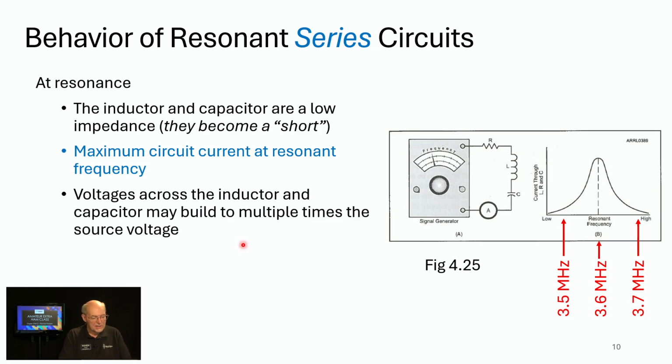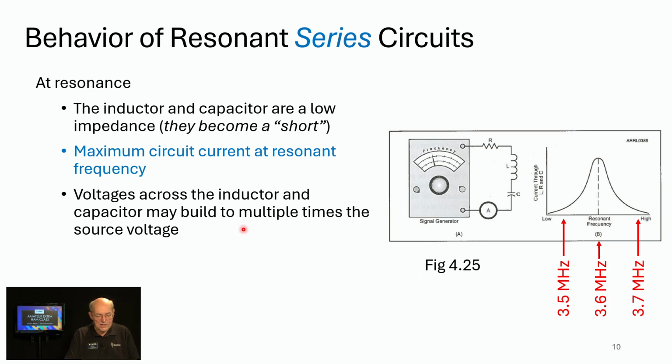Here's another amazing thing. Again, we're talking about series circuits. The voltage across the inductor and capacitor, because they're sharing their energy, storing energy and then giving it back continuously, they're trading it between one another. It's like gentle pushes on a pendulum. The push might be very small, but the pendulum has very large swings as a result of those pushes timed just exactly at the right time.